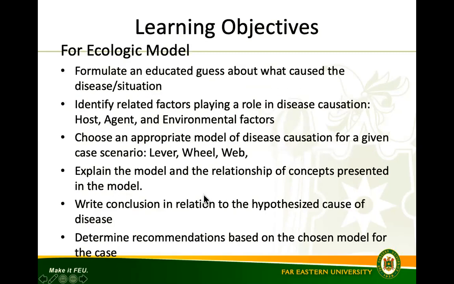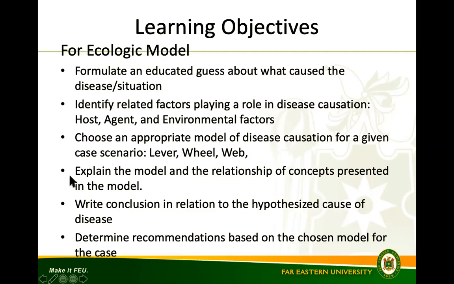For the ecologic model, you are expected to, number one, formulate an educated guess about what caused the disease or situation given a sample case scenario later on. Then identify related factors playing a role in disease causation, whether it is host, agent, and environmental factors, or all of these three. Next, choose an appropriate model of disease causation for a given case scenario, whether it is lever, wheel, or web.